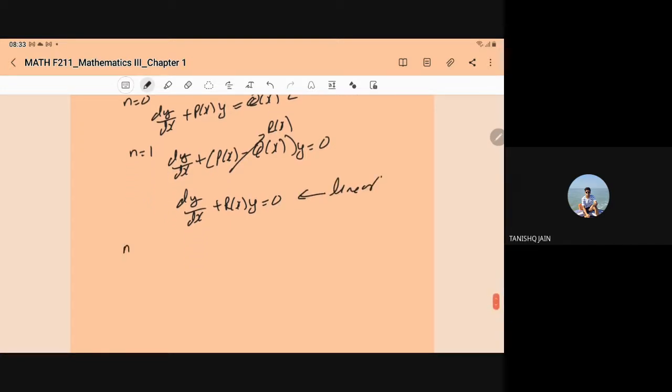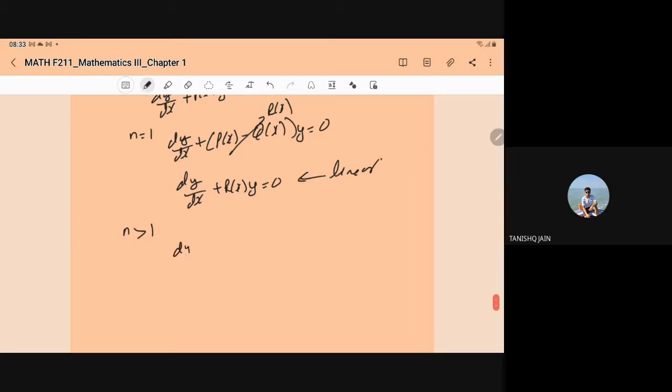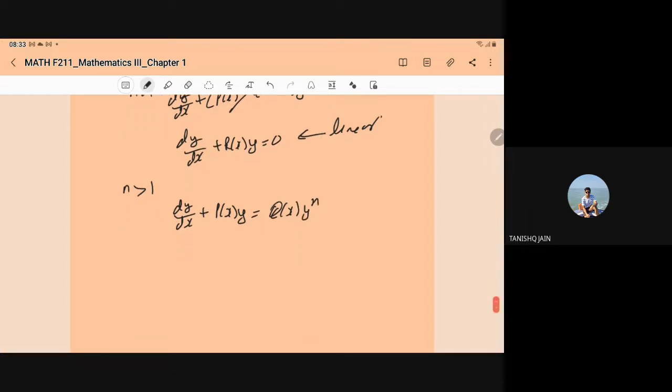But when we have n greater than 1, we have dy by dx plus p(x) y is equal to q(x) y to power n. So what substitution have they suggested? Let z is equal to y to power 1 minus n.